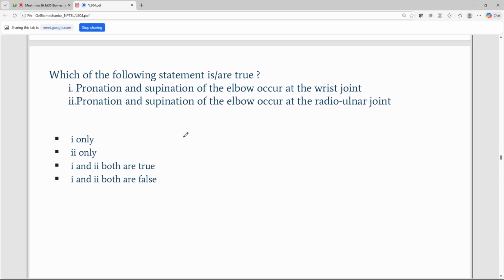Next question, which of the following statements is or are true? Statement 1: pronation and supination of the elbow occur at the wrist joint. Sorry, statement 2: pronation and supination of the elbow occur at the radio-ulnar joint. Options are statement 1 only, statement 2 only, both statements are true, both statements are false.